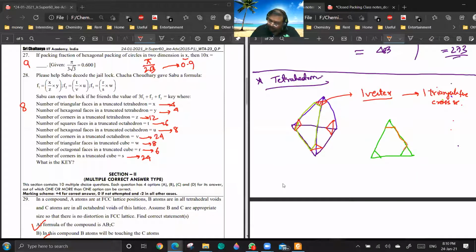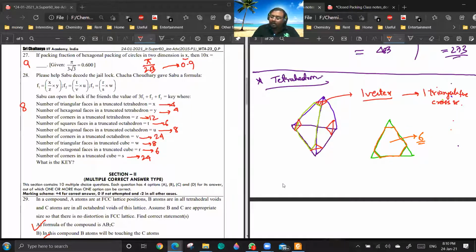It is something like this. What is this? This is a hexagonal face. Are you getting the point? If you are cutting a triangle like this, then you get a hexagonal face left. So this is the number of hexagons they are talking about.